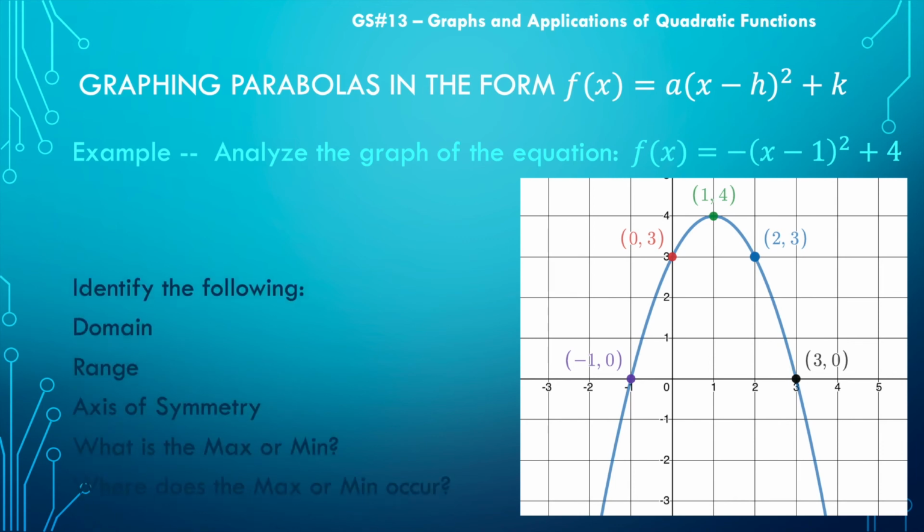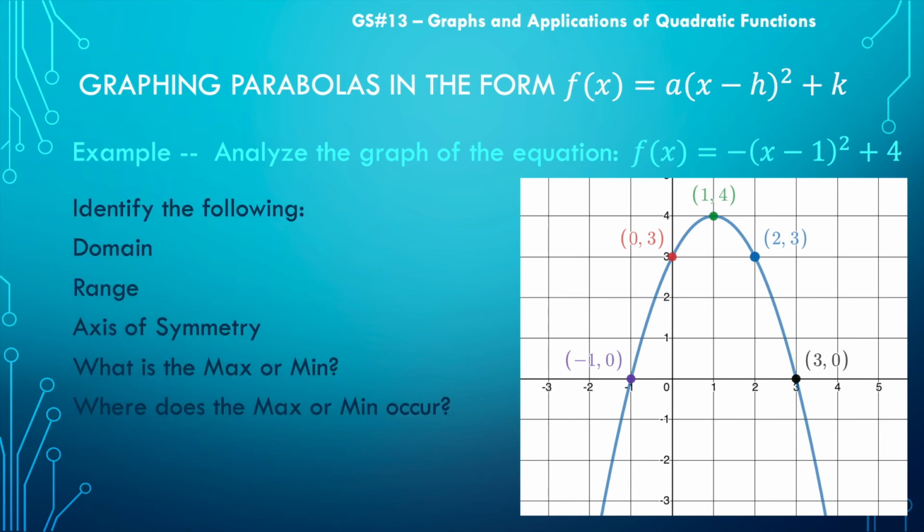Domain, just like anything else, when we're talking about quadratics, this goes infinitely to the left and the right. So negative infinity to positive infinity. Our range, low to high, negative infinity to the highest y value there is, which is 4 with a bracket. Draw your axis of symmetry.